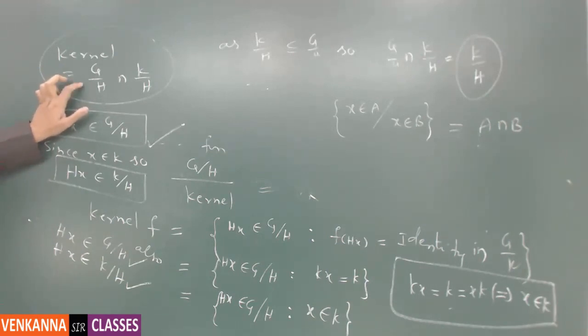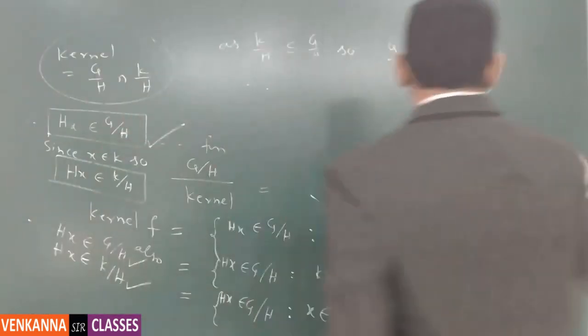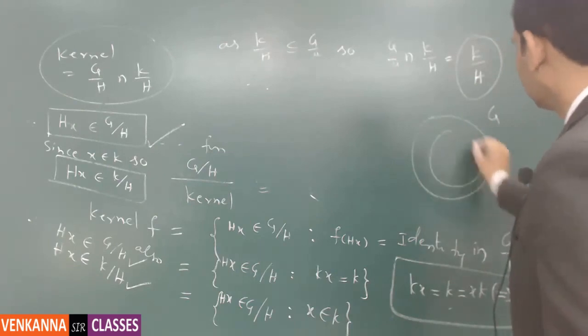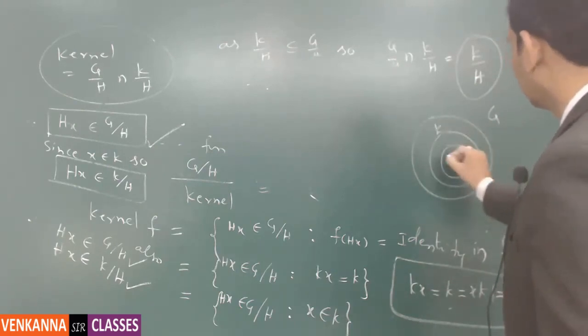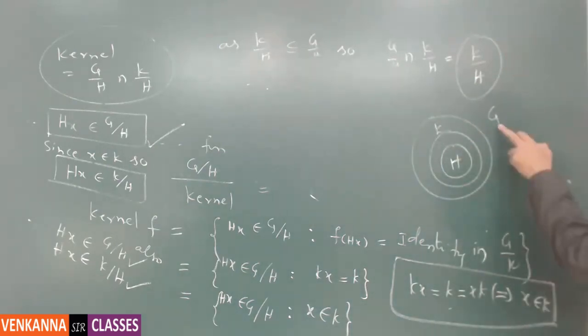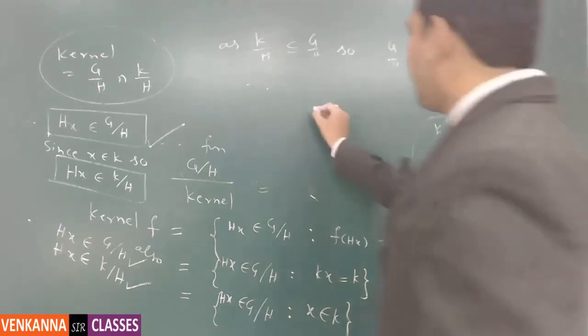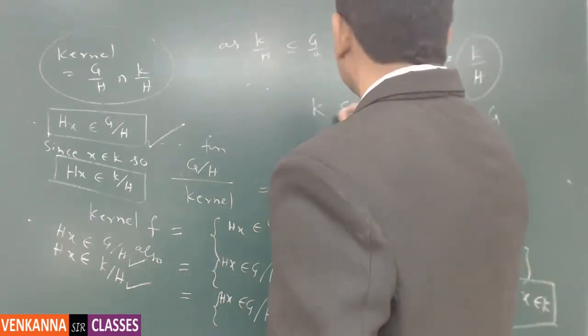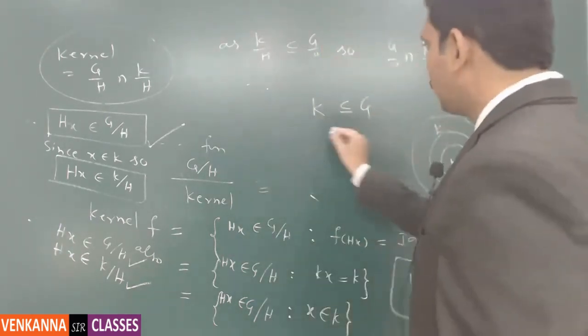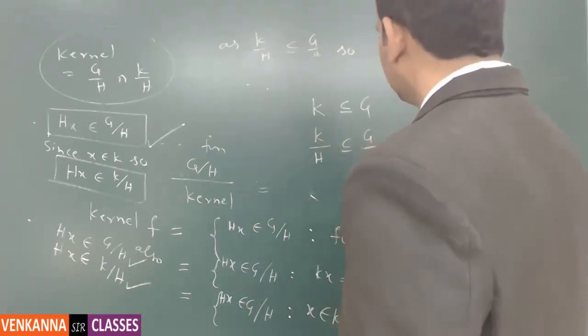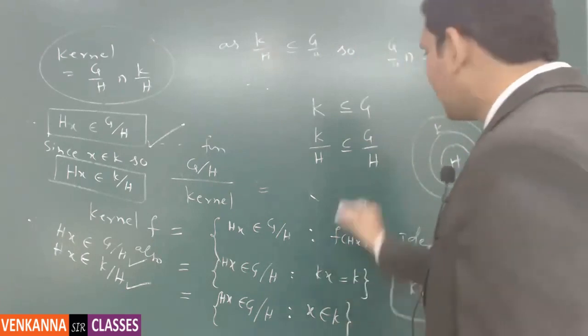The coset is a part of this. Now see, as you have a diagram here, the largest set is G, the next one is K, the next one is H. If you have a pattern like this, divide both sets by H. What happens?